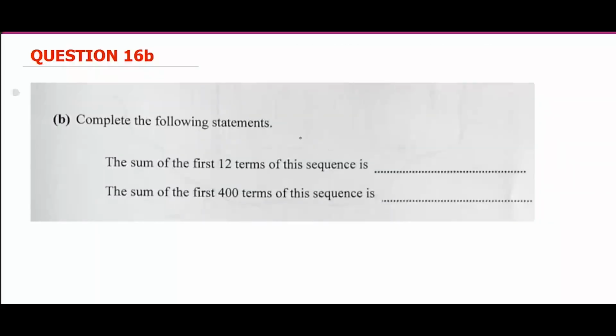So we are asked to complete the following statement. The sum of the first 12 terms of this sequence is dash. The sum of the first 400 terms of this sequence is also dash. So don't forget that our sequence is minus 0.7, minus 0.7, we have 1.2, we have minus 0.7, then we have 1.2.